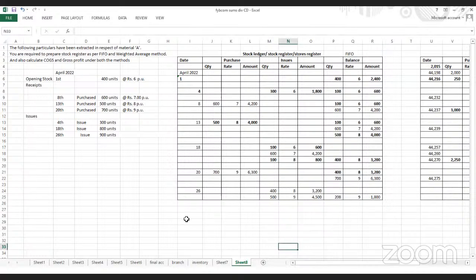Okay. Now apart from this register, they have asked you to calculate two more things. One is COGS and second is GP. So I'll write here calculation of COGS.